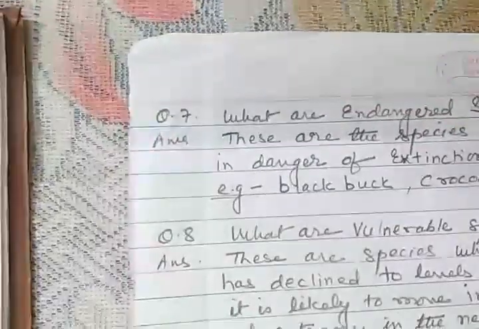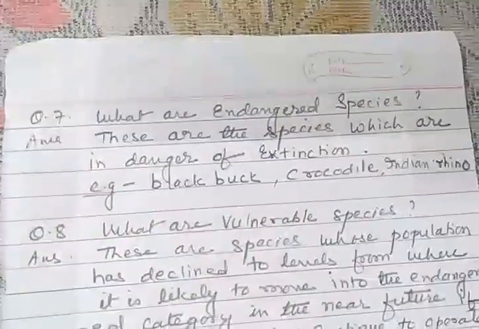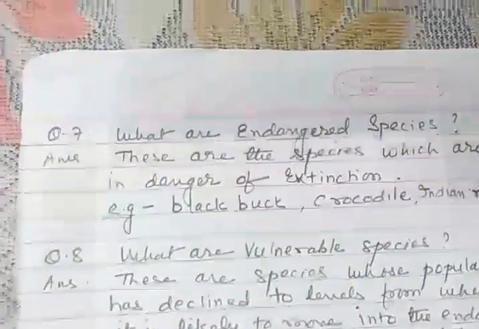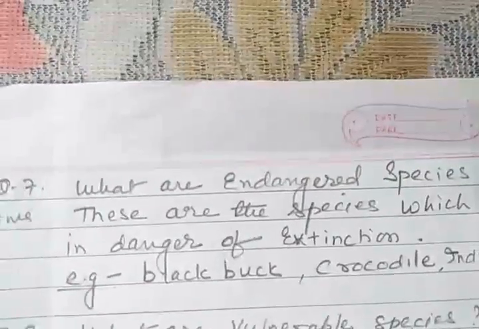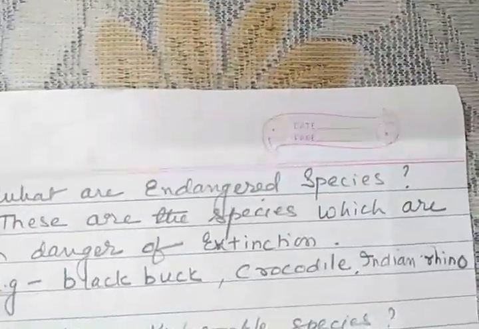What are endangered species? These are the species which are in danger of extinction. Example: black buck, crocodile, Indian rhino, etc.